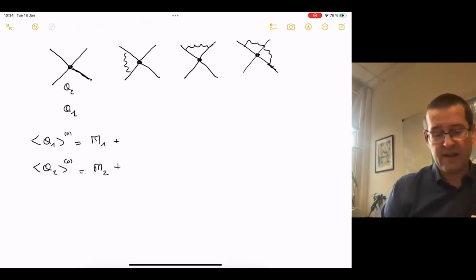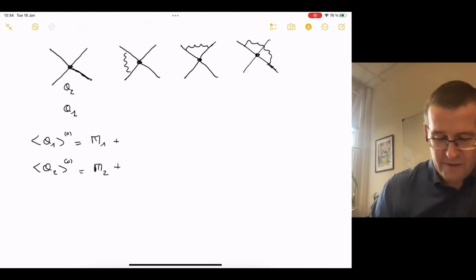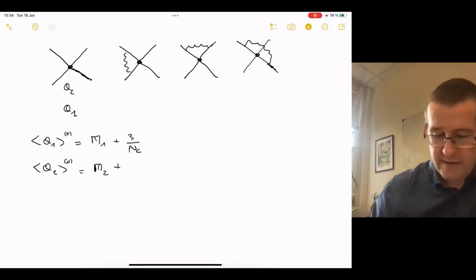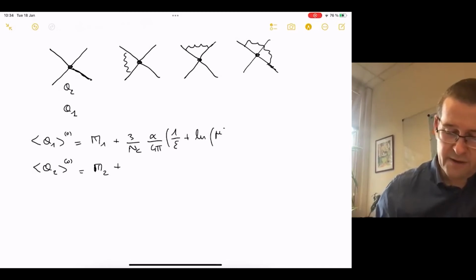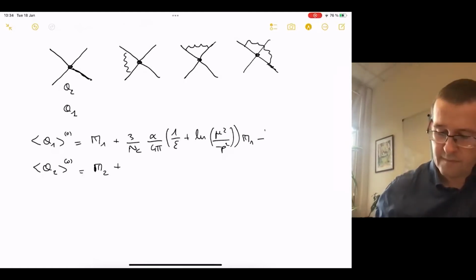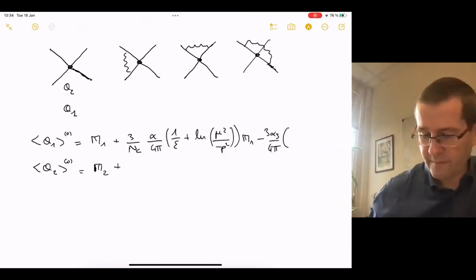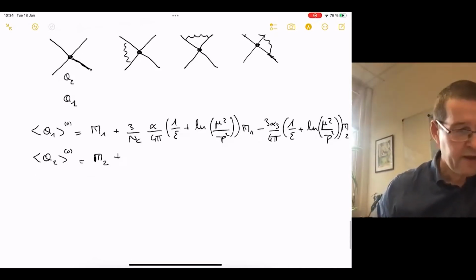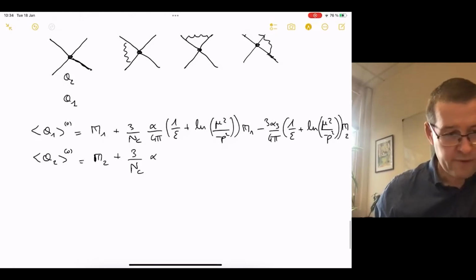If you start with the Q1 operator and you put external states, you get exactly the corresponding matrix element, but then you've got corrections coming from that. And the structure here is very similar for both operators, with alpha s over 4 pi.